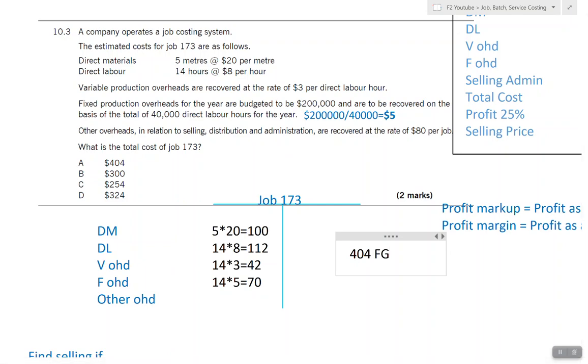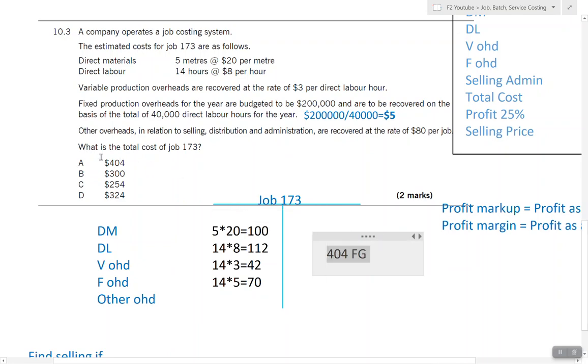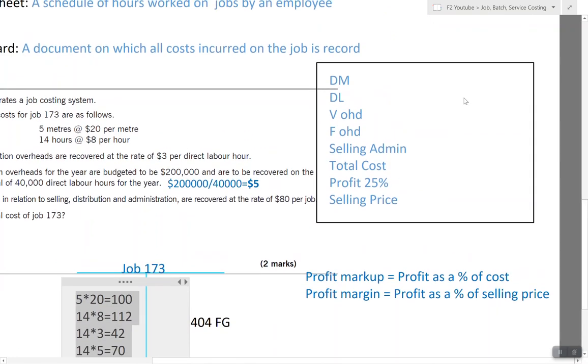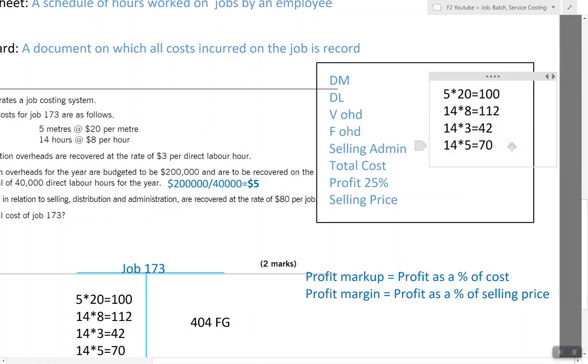You can call it finished goods or whatever you want to call it. So this is how it is done. So the total cost of the job is 404. Instead of doing it in a T account, you could just put it in a statement, and this is actually called a job cost card.